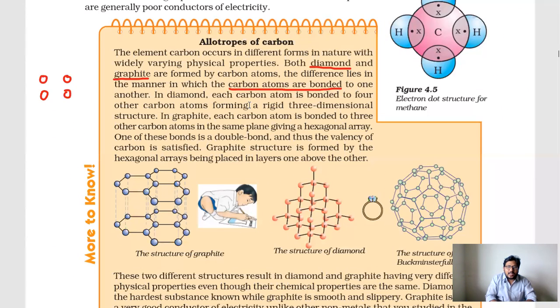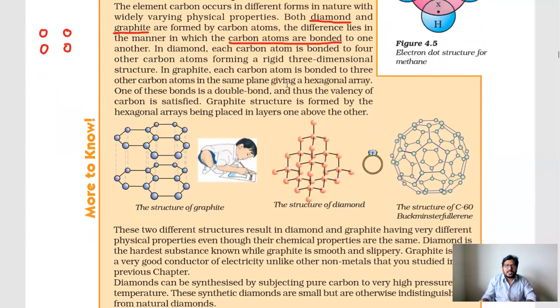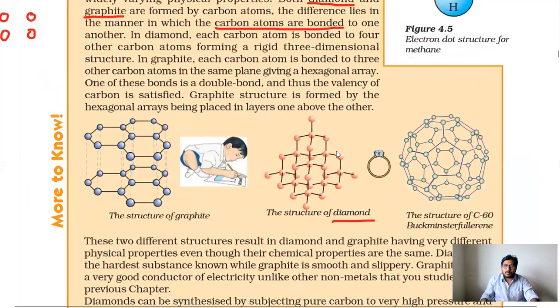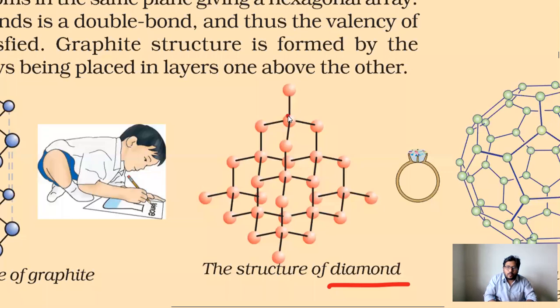In diamond, each carbon atom is bonded to 4 other carbon atoms forming a rigid three-dimensional structure. You can observe this is diamond. In this diamond, one carbon is bonded with 1, 2, 3, 4 carbons.